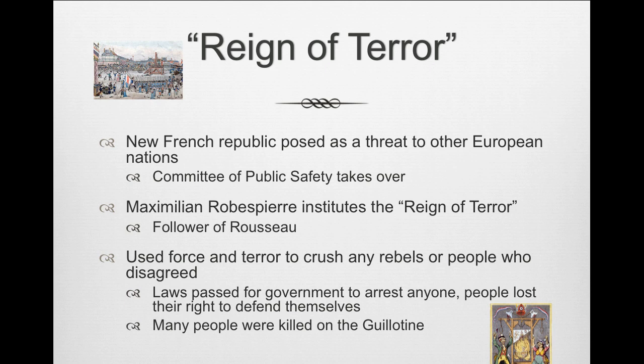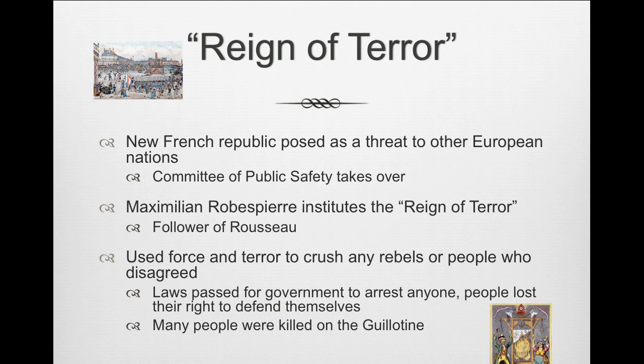So a committee of public safety takes over, and the leader of this Reign of Terror in France, his name is Maximilien Robespierre, and he is the one who kind of instigates and institutes this Reign of Terror because he believes that that's how you get control and how you have government is through this terror.